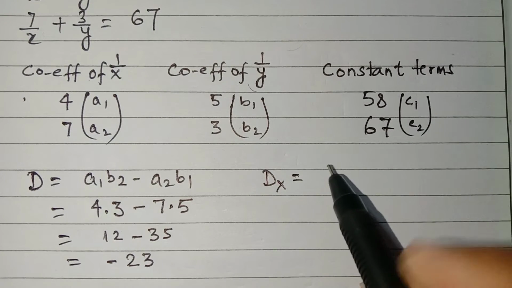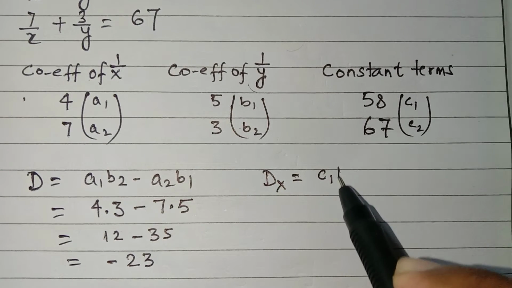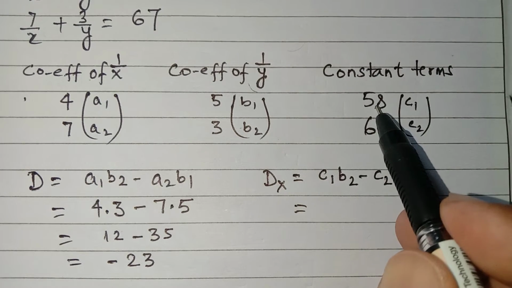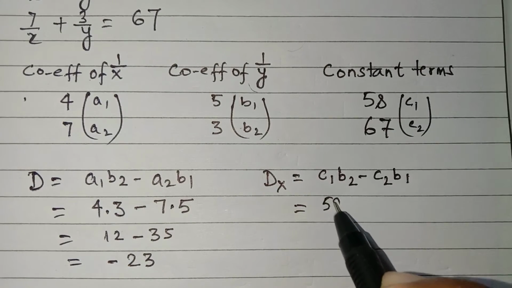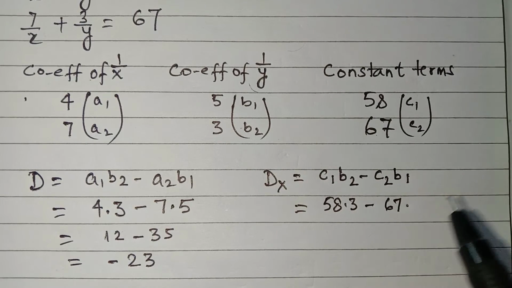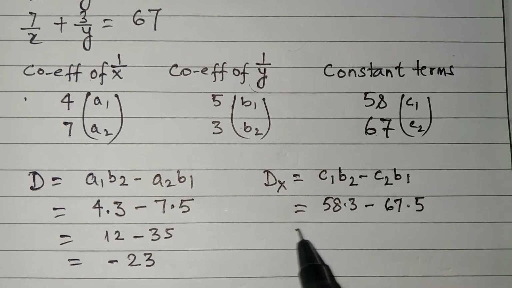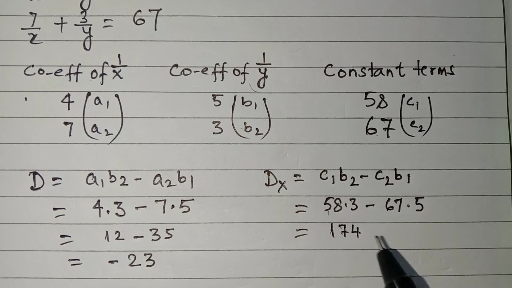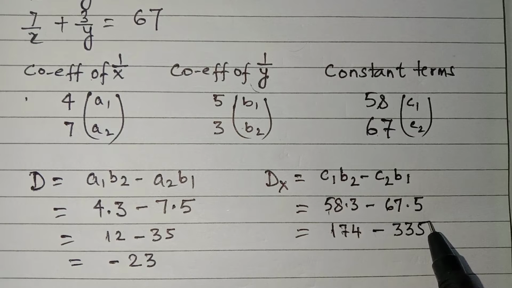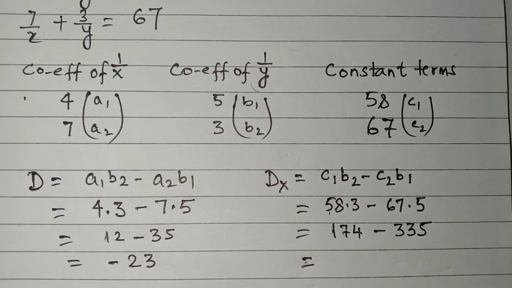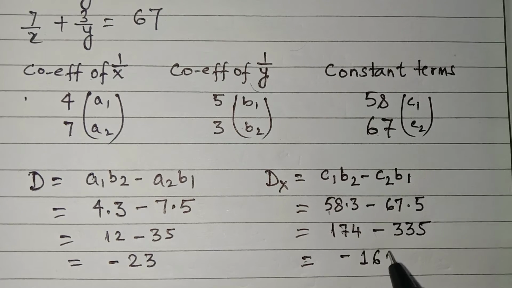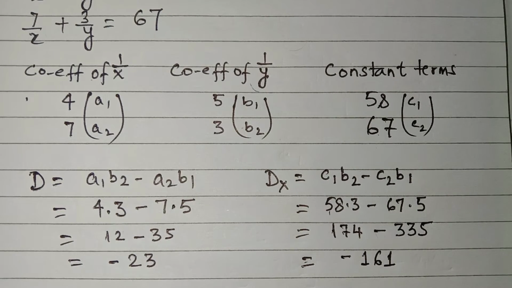So Dx is c1 b2 minus c2 b1, which is 58 into 3 minus 67 into 5. So this is 174 minus 335, and if we subtract we get minus 161.